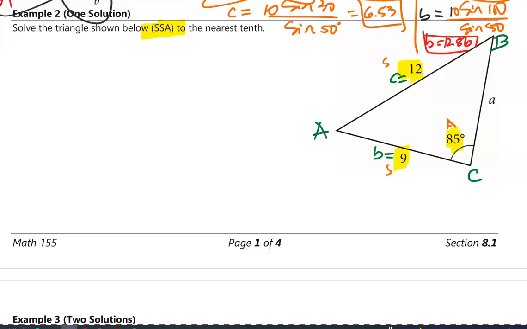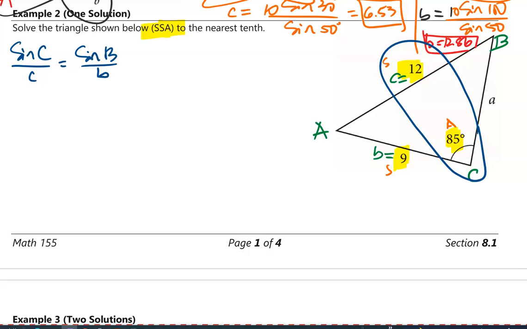So let's start with solving for maybe angle B. We can use sine C over C is equal to sine B over B. Sine of angle C, 85 degrees, over side C, given as 12, is equal to sine of angle B over side B, which is 9.